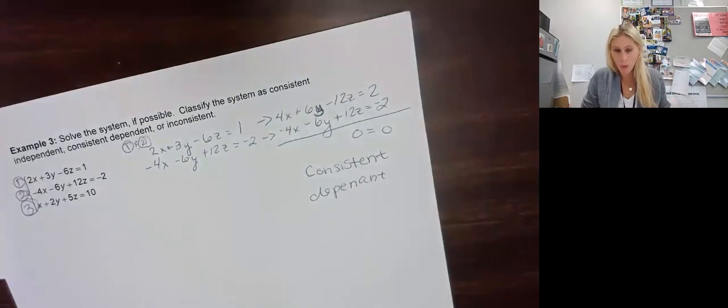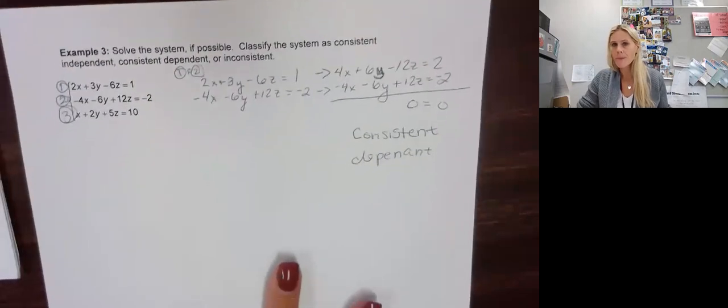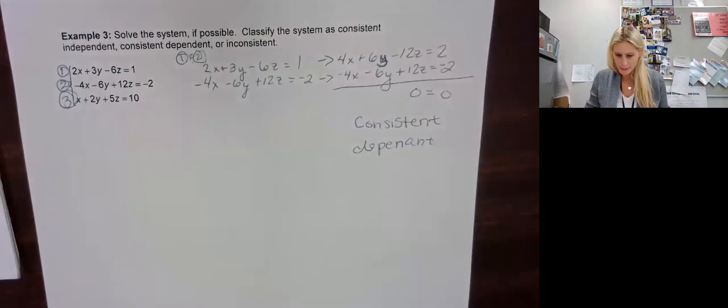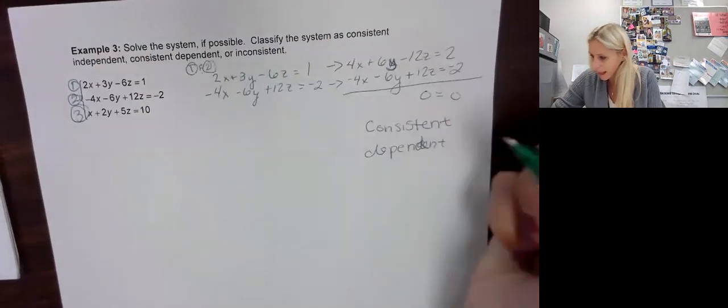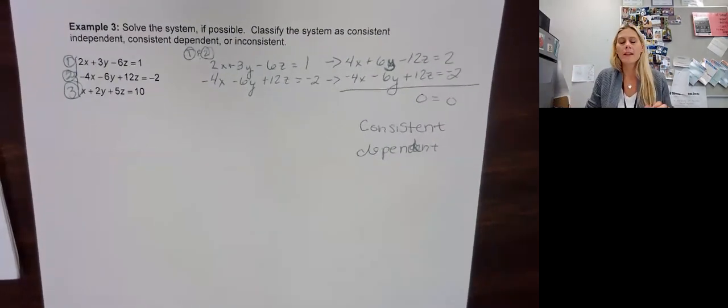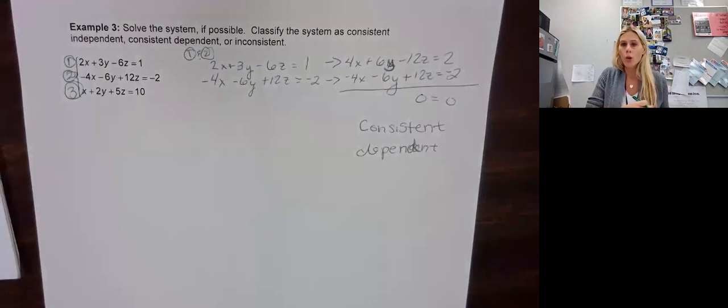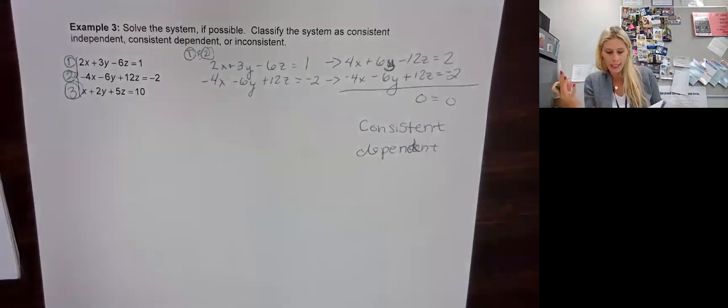Okay, so what does that mean? That means all the other coordinates, the x part and the y part, depend on what the z part looks like.